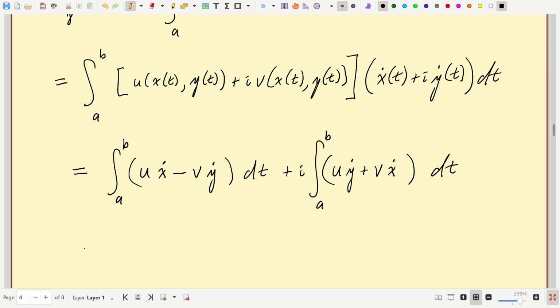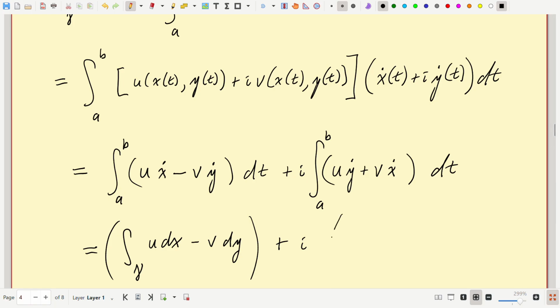Okay. And in the notation of Green's theorem, that stands for the integral along gamma of u dx minus v dy. And this one is i times the integral along gamma of u dy plus v dx.